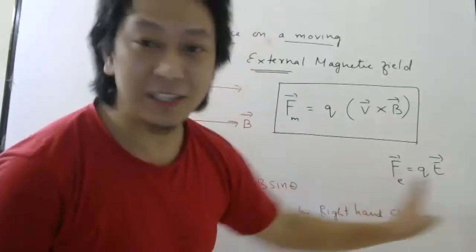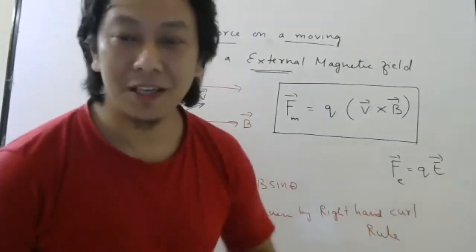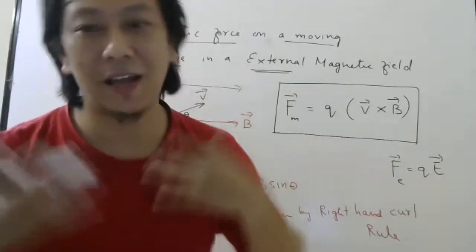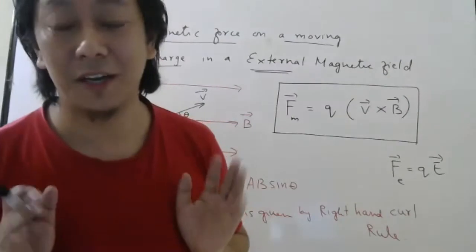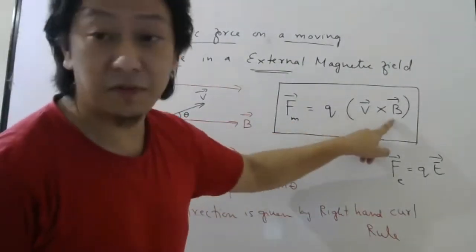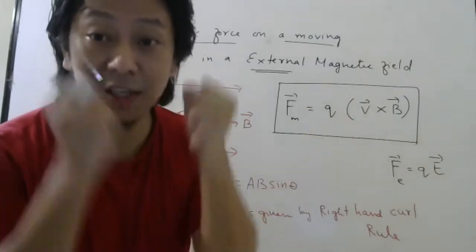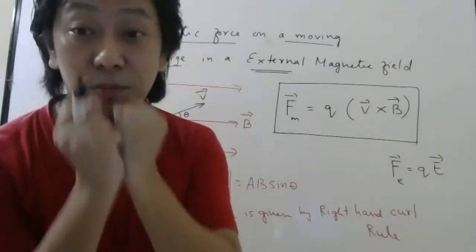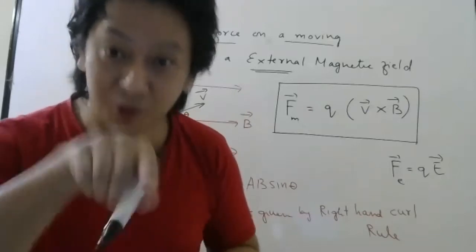Velocity was not important there. Even if the charge is at rest, it will experience electrostatic force. But to experience magnetic force in a magnetic field, the charge must move, and where it moves is also important.